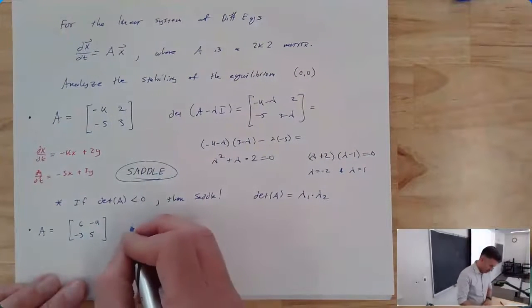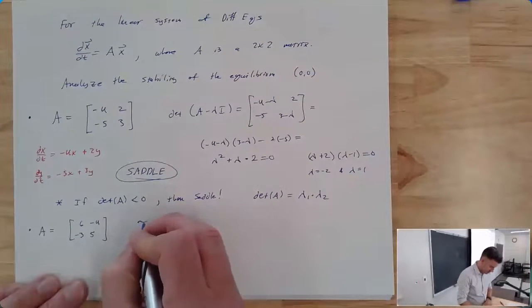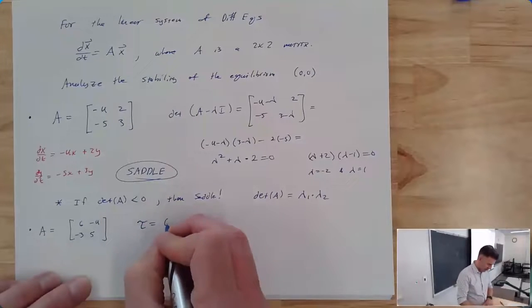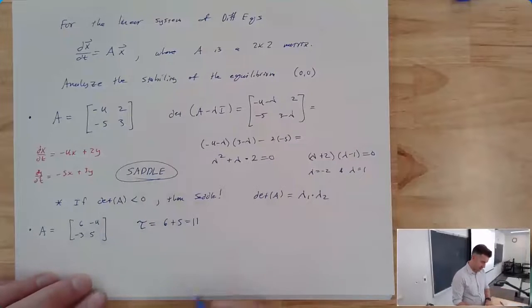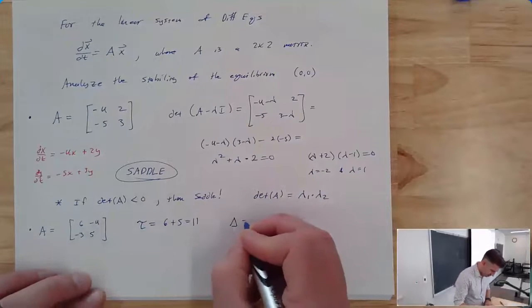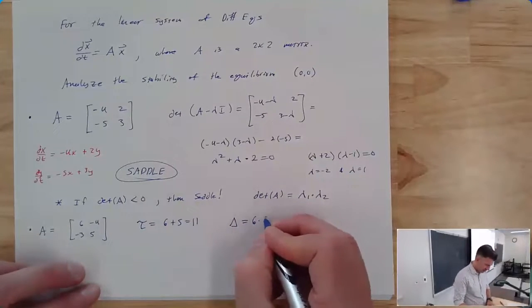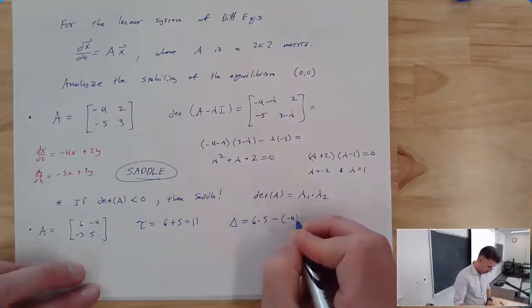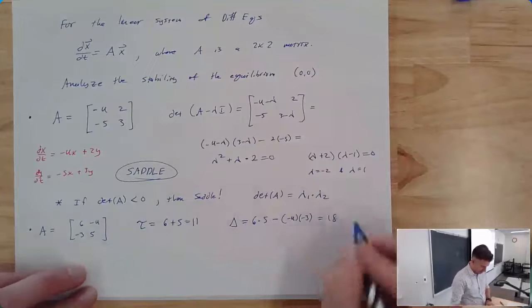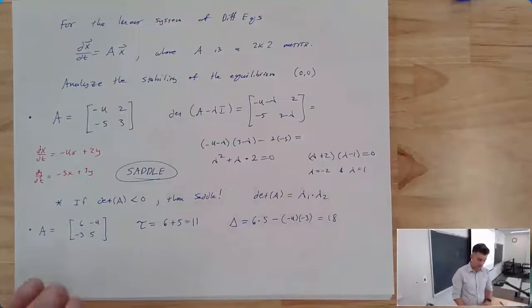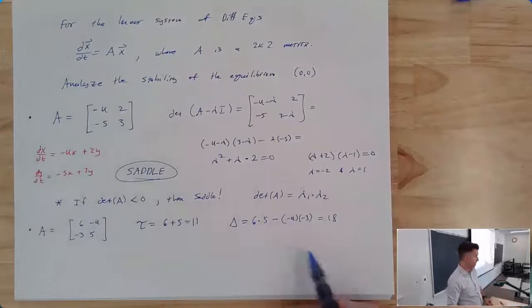The trace of this matrix is 6 plus 5, just the sum of the diagonal elements. The determinant of this matrix is 6 times 5 minus -4 times -3, which is 30 minus 12, which is 18. I want to point out, this definitely does not have a saddle, because the product of the eigenvalues is positive. So they're either going to both be negative or both positive.